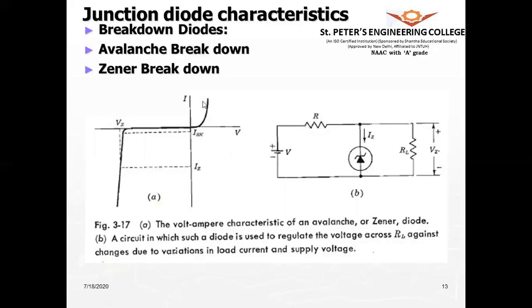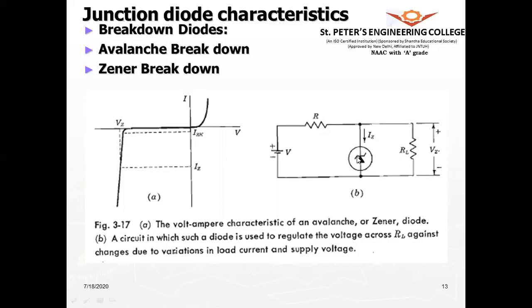As we can see from here, this is the breakdown in the diode. So this is the Zener breakdown. This is the symbol of the Zener diode, and the Zener diode is always used in the reverse bias condition.